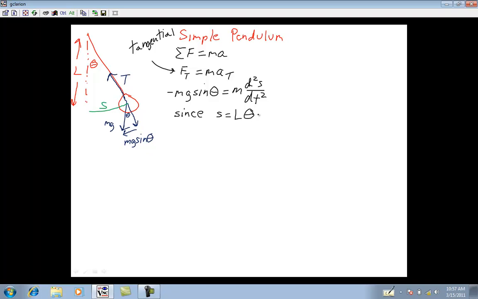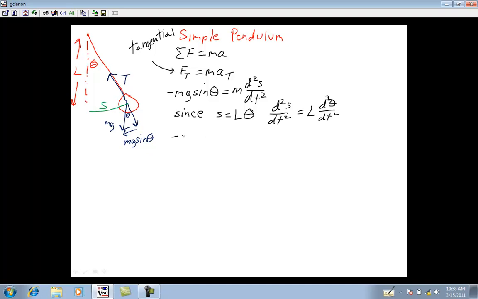Okay. And because the L is constant there, I can make the second derivative, d squared s dt squared. I can pull L out and say that's d squared theta dt squared. Okay. And so my equation then becomes this.